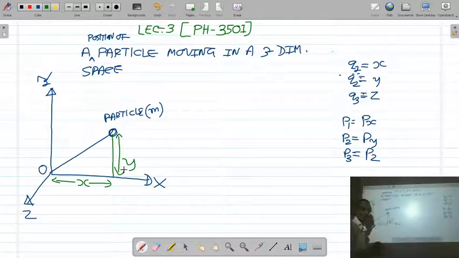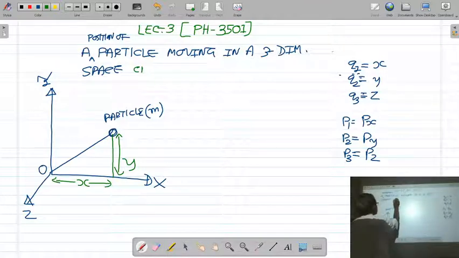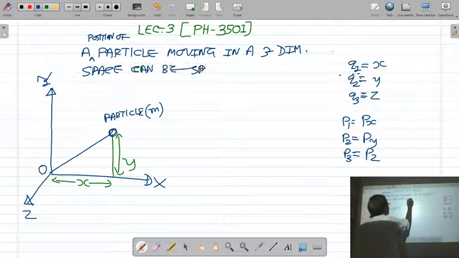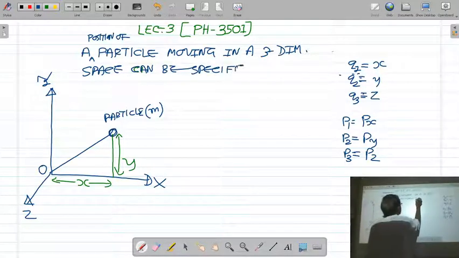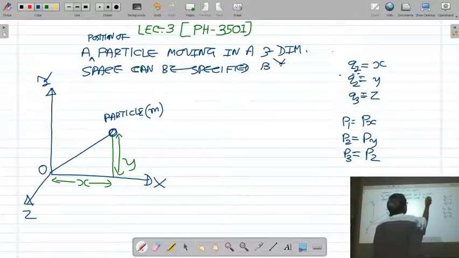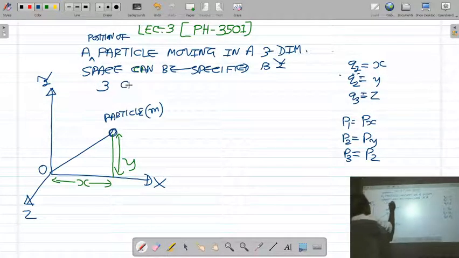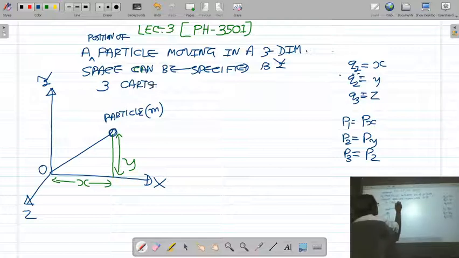So the position of a particle moving in a three-dimensional space can be specified by the Cartesian coordinates.